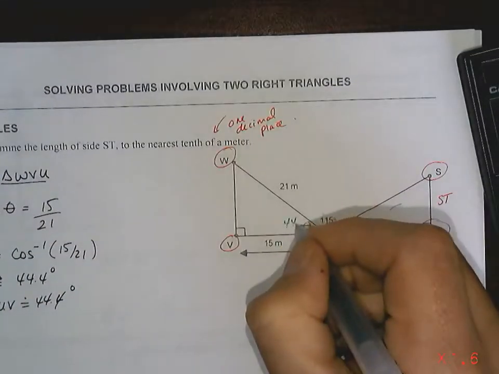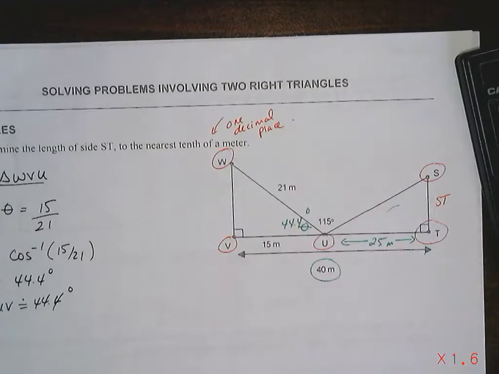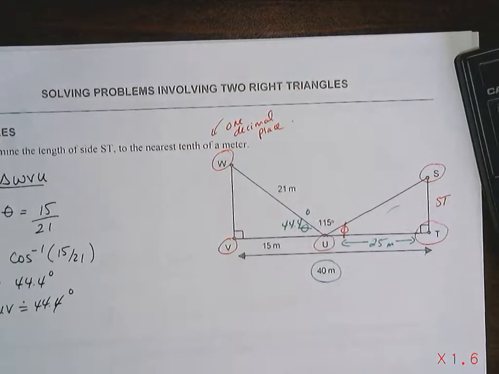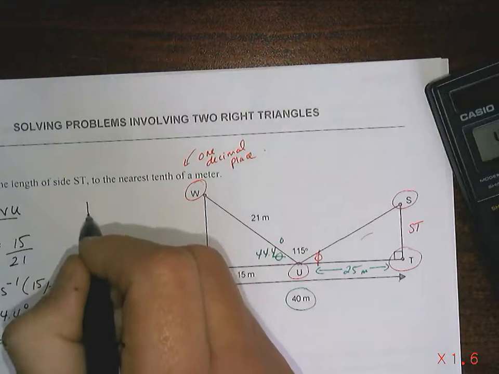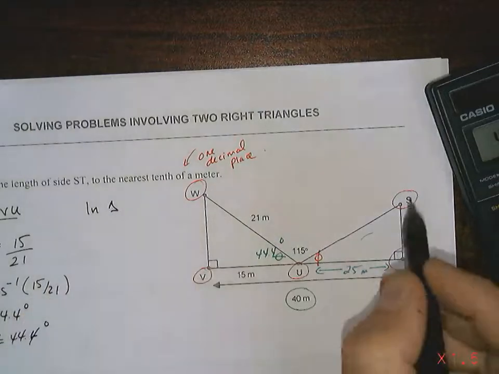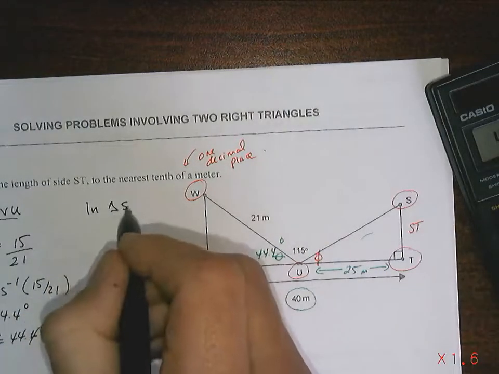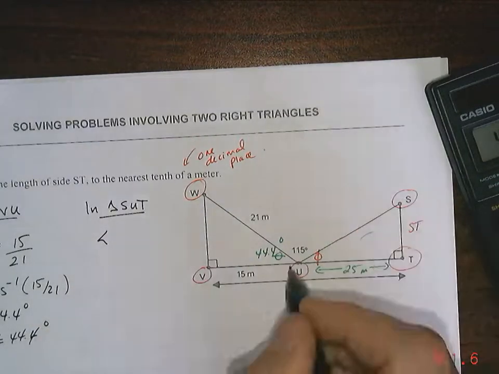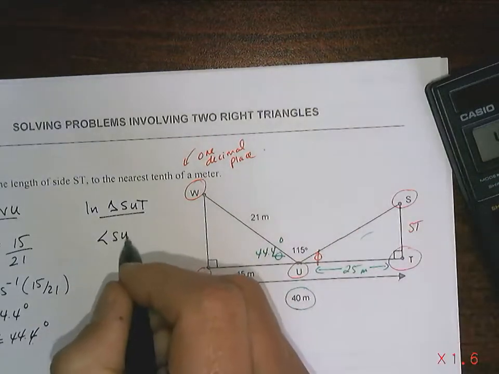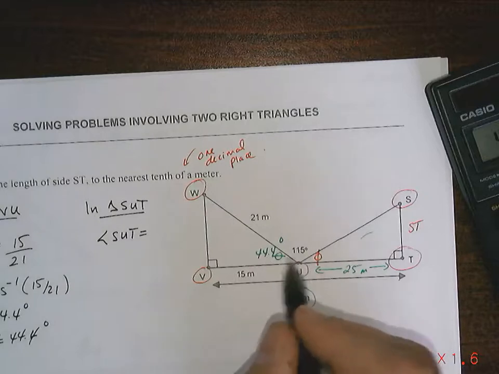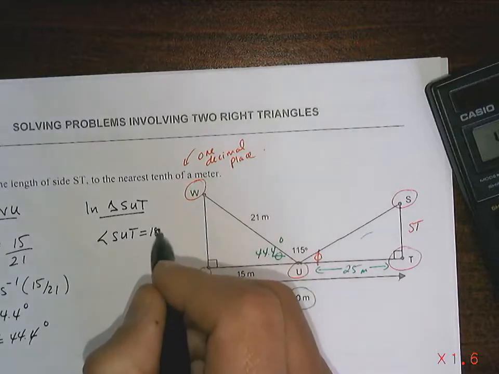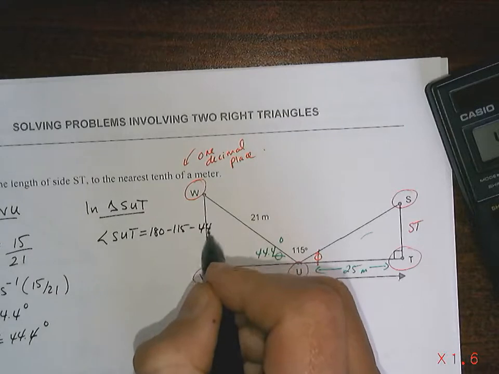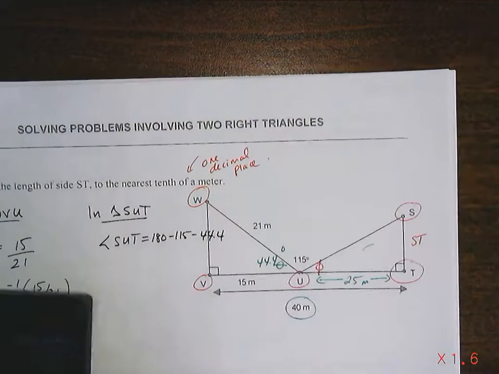So that means that this angle over here, I could call it phi if I wanted to, or I can say in triangle SUT, I could say that angle SUT is going to equal 180 minus 115 minus 44.4 because it's a straight angle.